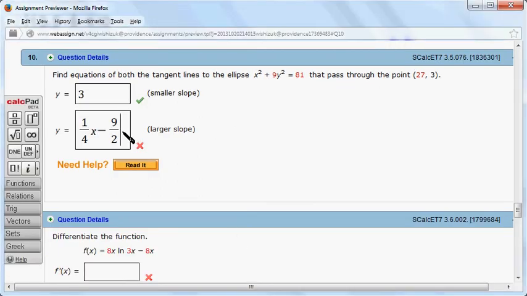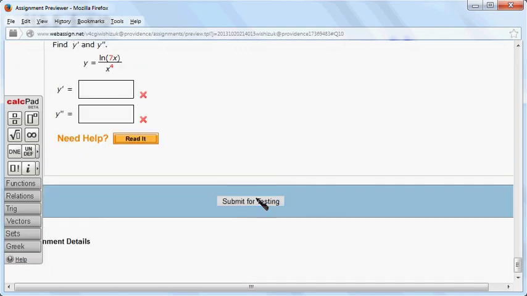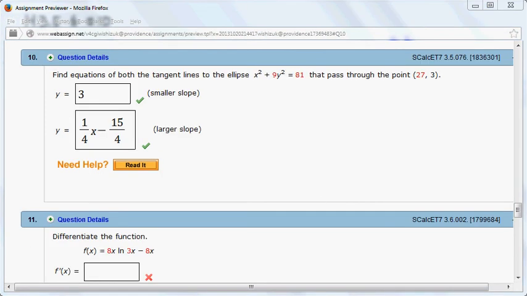I have to fix that. This is going to be 15 over 4. Hopefully this will work out. Let's check the answer. All right, this one came back as a correct answer. Sorry about the mistake, but I hope that this will get you going. All right, that's it.